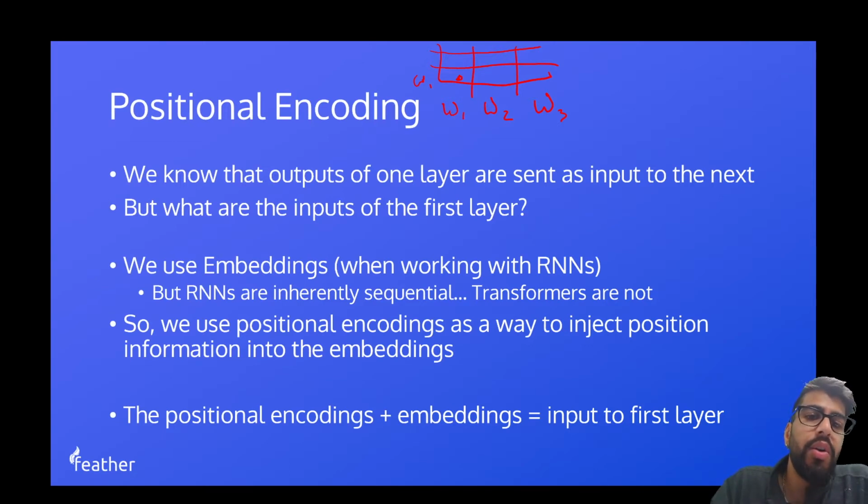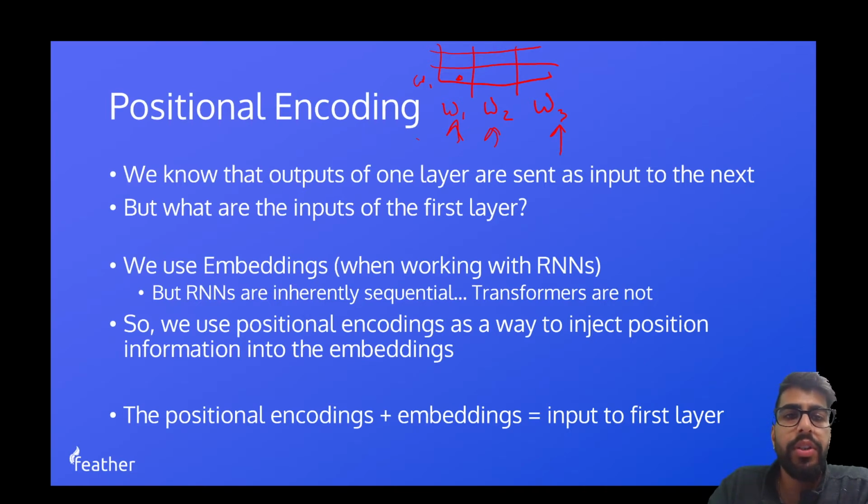So what we need to do is find a way to actually tell the transformer, hey, look, word 1 is first, word 2 is second, word 3 is third, and this is important. Having this order of words is important when you calculate your attention. And positional encodings are one way that we can inject positional information into the embeddings.